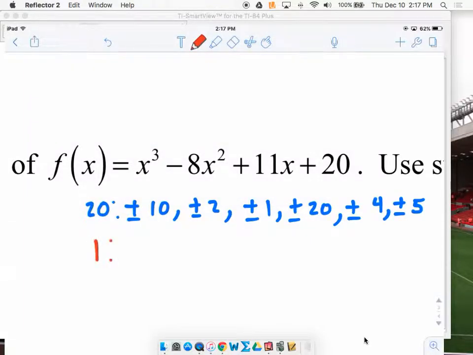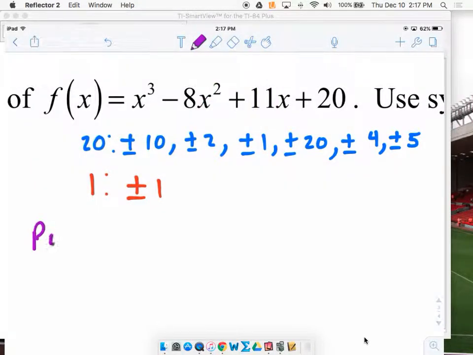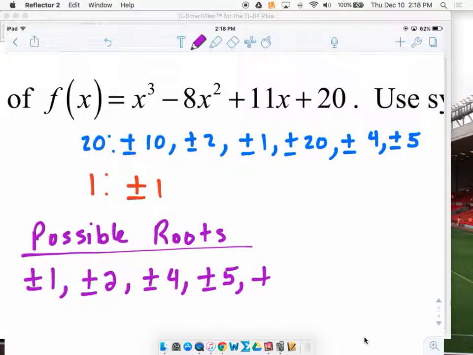Now 1, right, because I have 1 out front of my x cubed here, is just plus or minus 1. So possible roots. I have plus or minus 1, plus or minus 2, plus or minus 4, plus or minus 5, plus or minus 10, plus or minus 20.